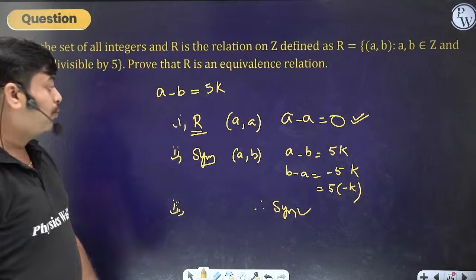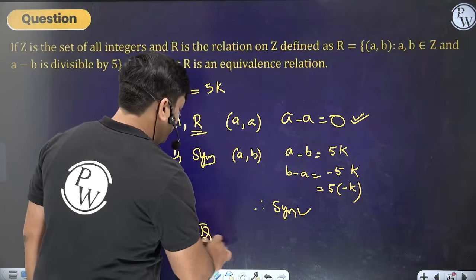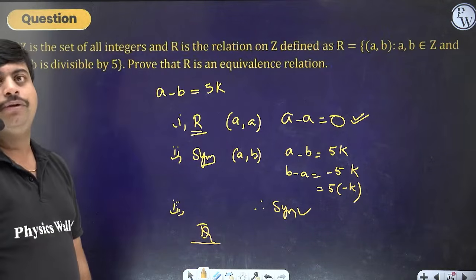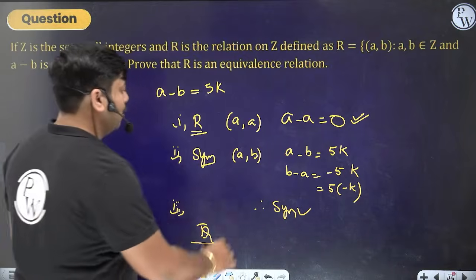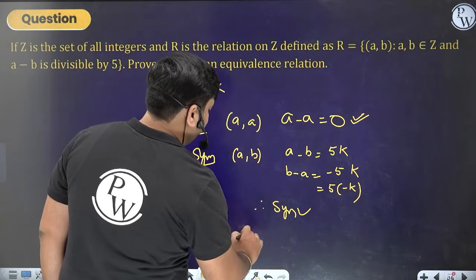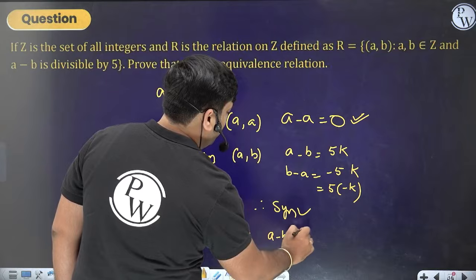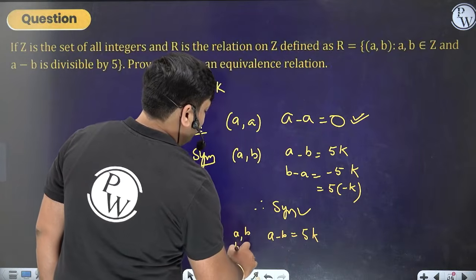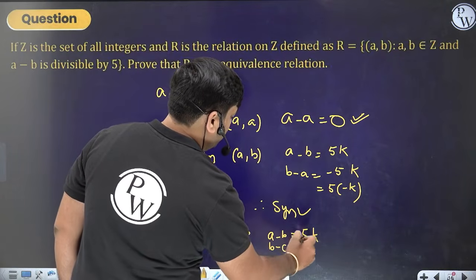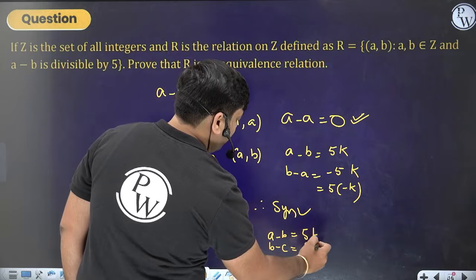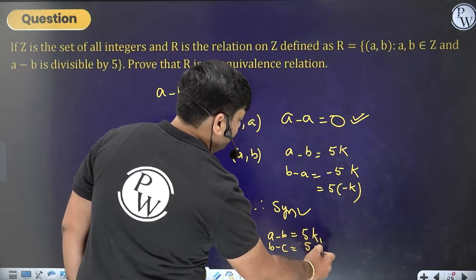So in transitive, what you need to prove? If a comma b is there, that means a minus b is equal to 5k, and b comma c, b minus c is equal to 5 k2, for different constants.